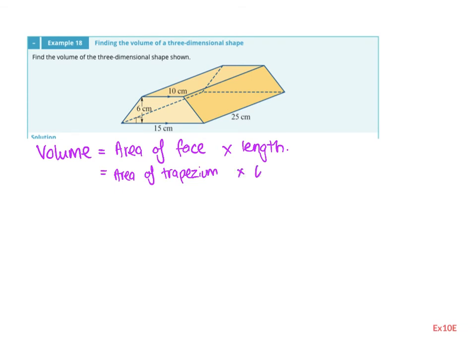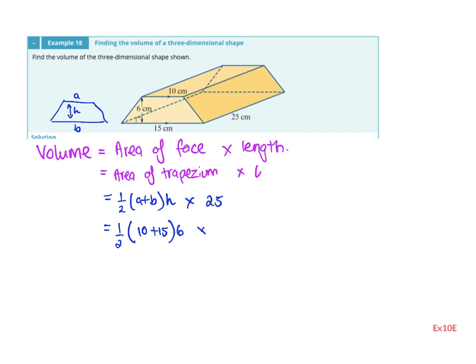The formula for the area of a trapezium is a half, a plus b, times the height, and the length of this object is actually 25. Up here, this is my trapezium, and I'm going to call this little a, this little b, and this little distance in here would be the height of the trapezium. When I'm plugging those numbers in, it'll be a half times 10 plus 15, times 6, and then times it all by 25.